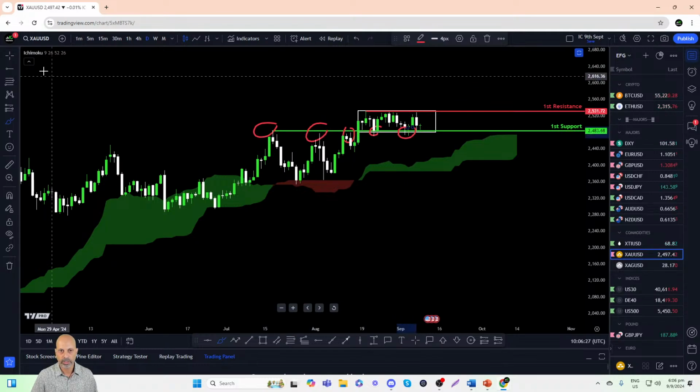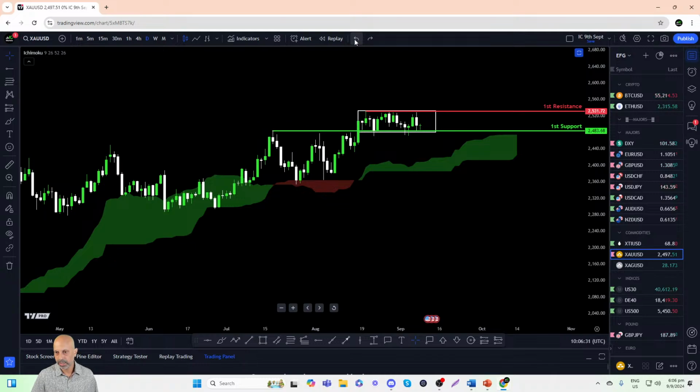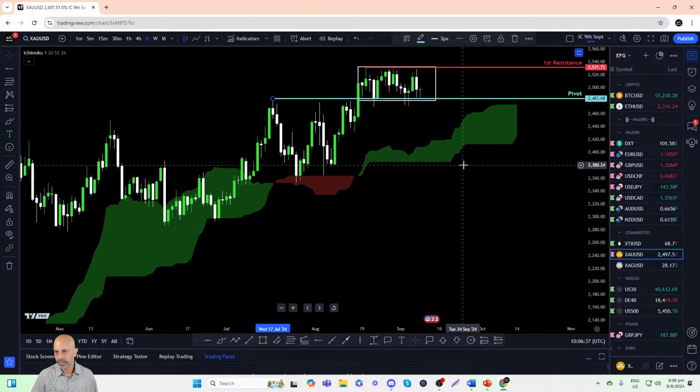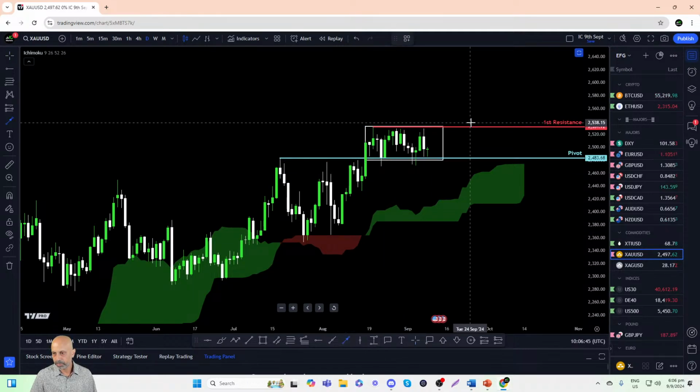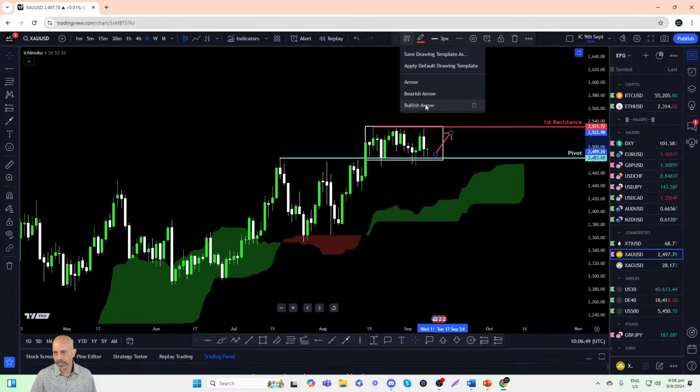So this creates a very strong overlap level, which is actually an overlap support level, which in the current situation we are identifying as the pivot, right? So the pivot is a strong overlap support level where price seems to have rebounded off once again today, right? So we can perhaps see a potential bounce here.